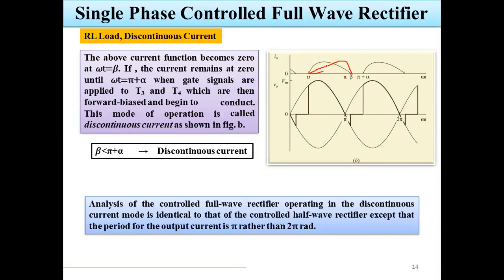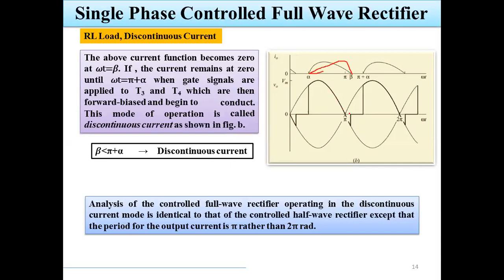This goes on within a fraction of a second only. The output current gradually increases and reaches its maximum value when the voltage is dropping towards zero at pi. Whenever the magnitude of the voltage is decreasing, the current value is increasing, so up to the beta value, not up to pi.